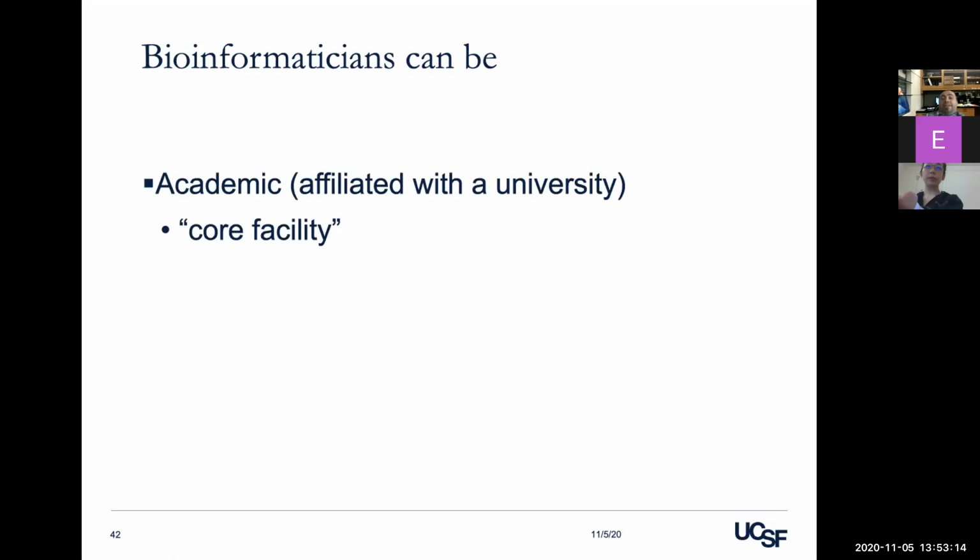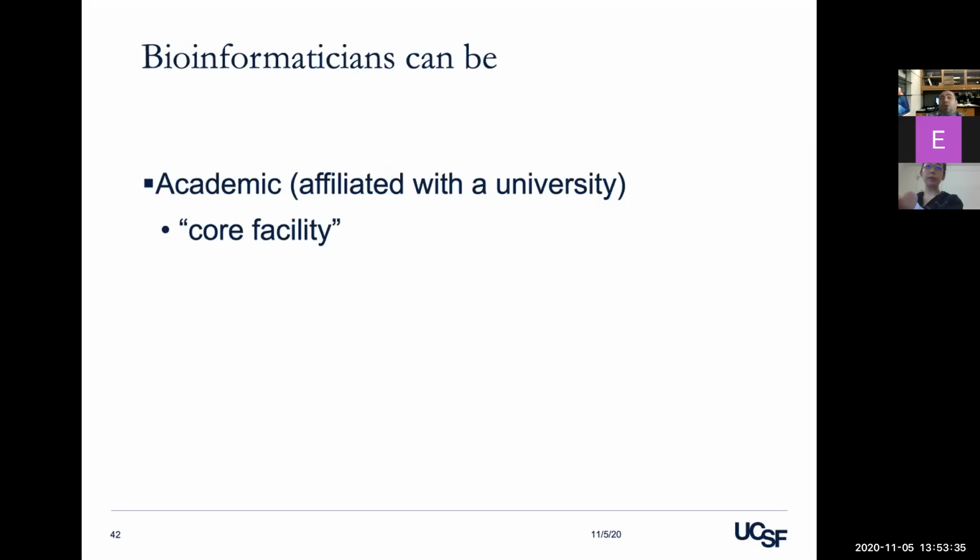So there is academic, affiliated with a university. So you're a professor, a staff scientist, a researcher, a PhD student, a postdoc. Those are one way that bioinformaticians can be academic.